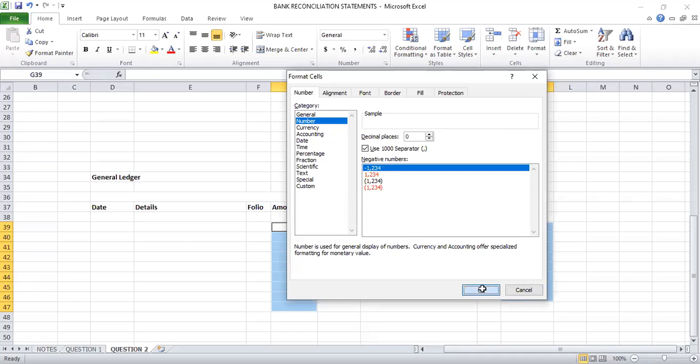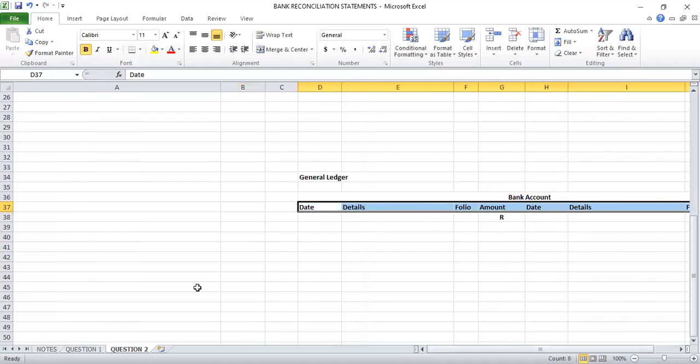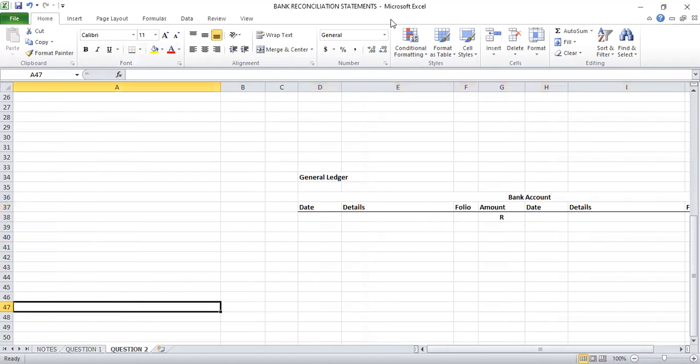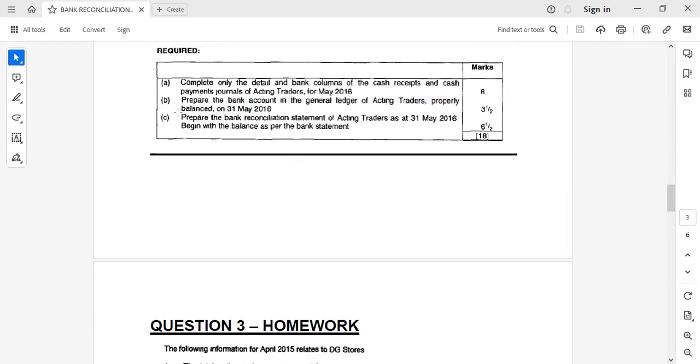Right. So I want to do them simultaneously so that if something has to go in the bank account, we'll go to the bank account and record it. So your knowledge of bank reconciliations from what we did in the past will be handy here. And then the last thing that we have to prepare is a bank reconciliation statement as at 31 May 2016.